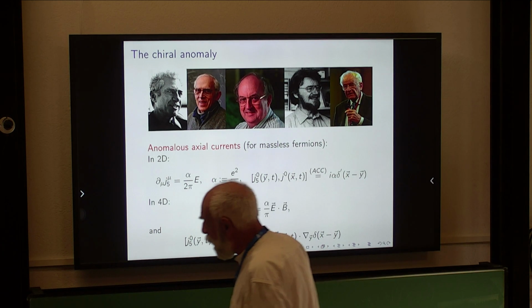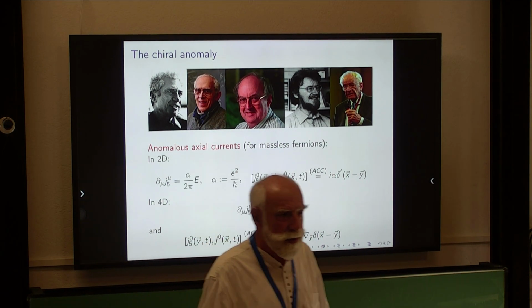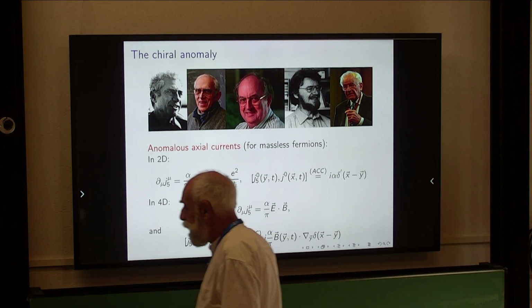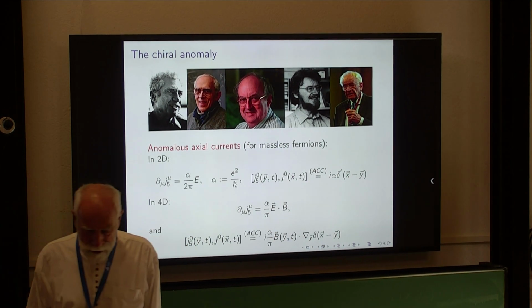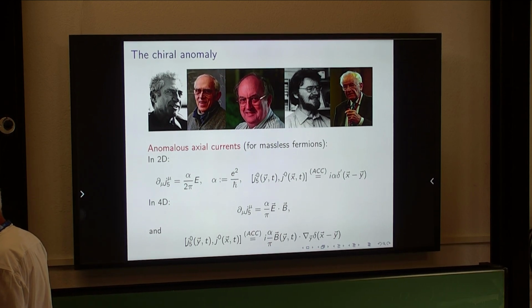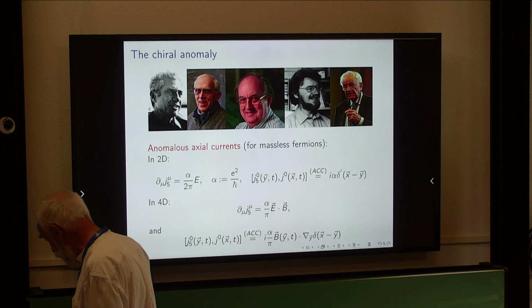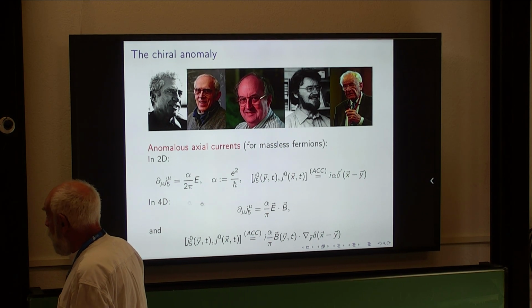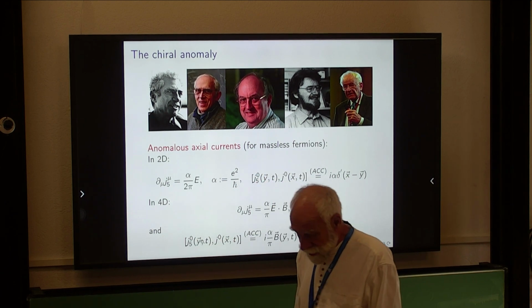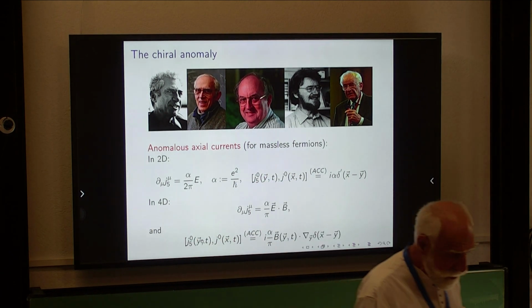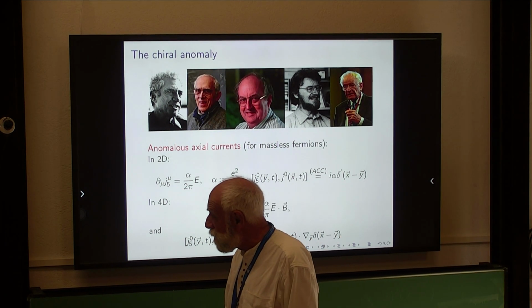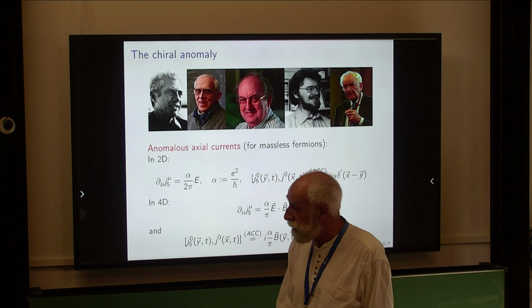Then in 3 dimensions, there are no anomalies, but we can pass to 4 dimensions, and then the divergence of the axial vector current is proportional to E dot B, that's the instanton density, if you like. And the commutator of the zero component of the axial vector current and the vector current is proportional to B dotted into the gradient of the spatial delta function.